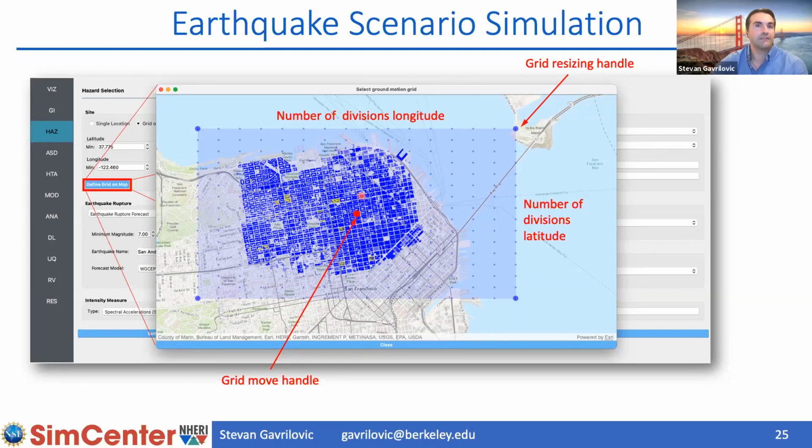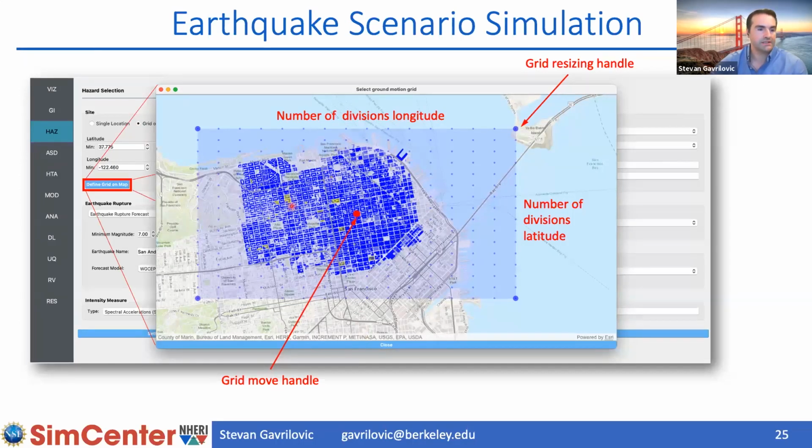The idea is you want to have, say, your assets input, and you want to overlay this grid atop of your assets so you have good coverage of all the assets you want to analyze. If you change the discretization on the site definition pane, that'll automatically update on this map.